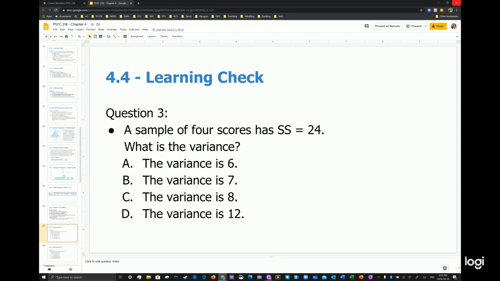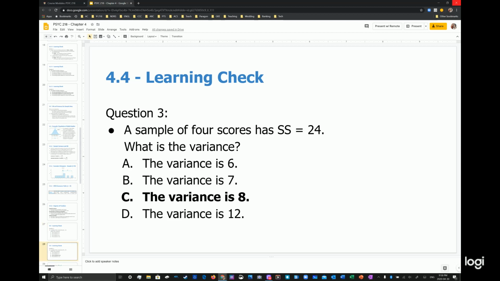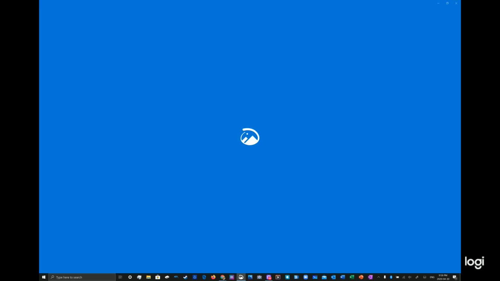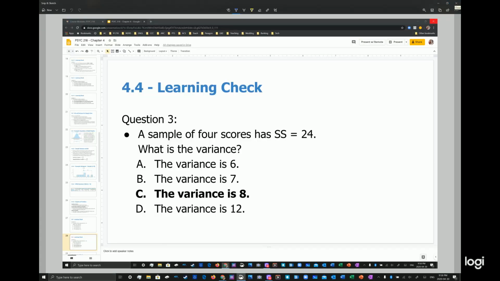So this question, I've talked enough. You probably thought of the answer already by now. So if you said 8, you would be right. And here's why briefly. Remember, we're doing n-1. So if you were doing sigma squared, you would use n, but we're not talking about population.